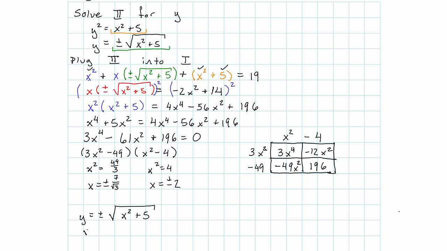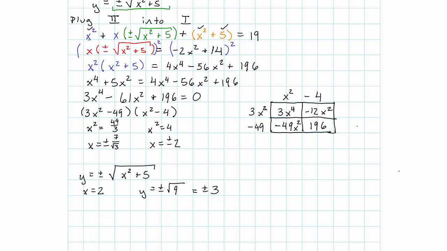So if x is 2, y is one of the square roots of 9, so it's plus or minus 3. So that gives me 2 possible solutions, 2, 3, or 2, negative 3.